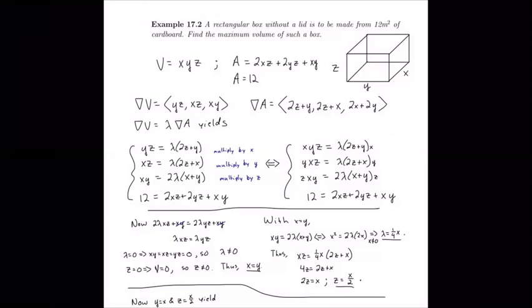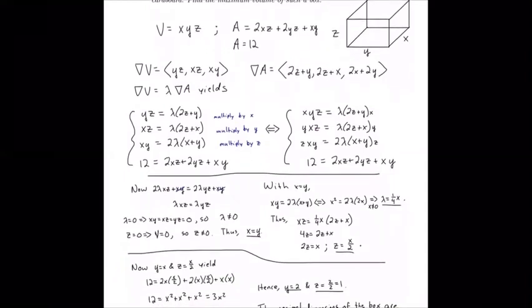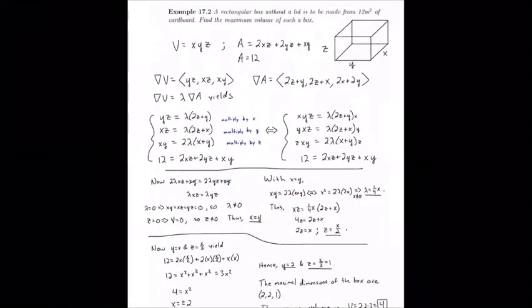And if that's the case, we see below, in the next block of work here, that we're setting 2 lambda xz plus lambda xy equal to 2 lambda yz plus lambda xy.